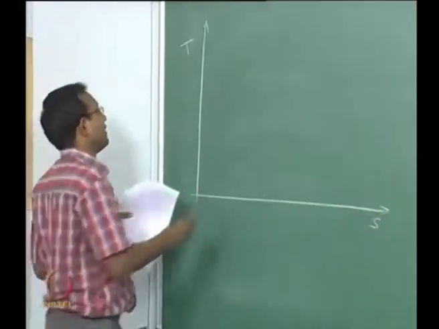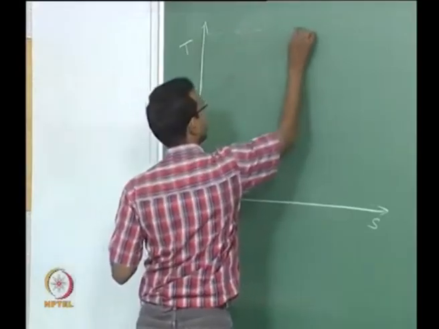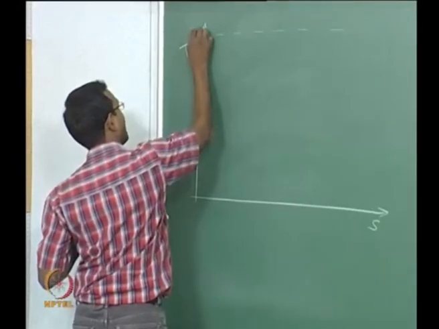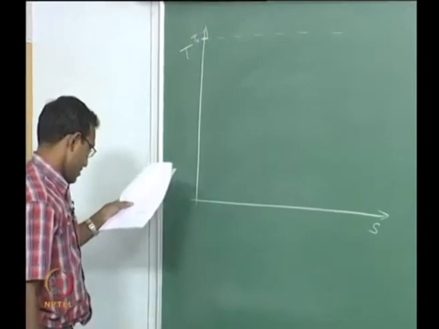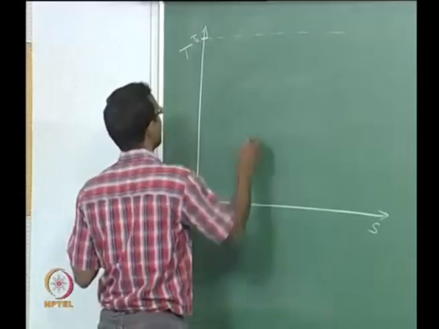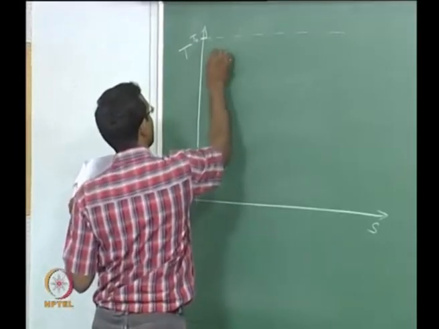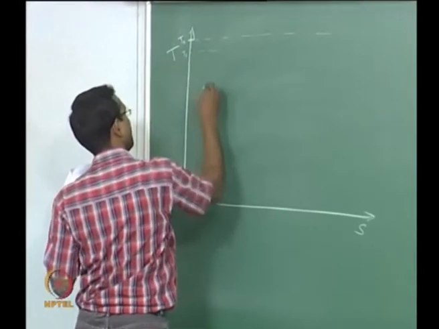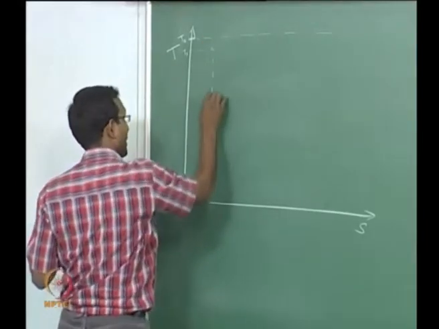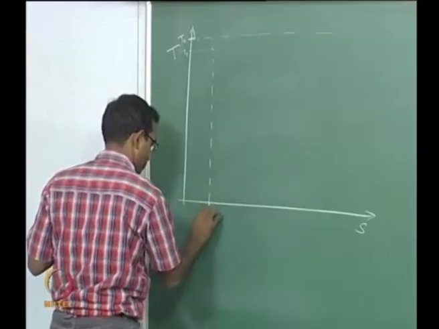We know the whole flow has a constant stagnation temperature, that is my T naught here, and let us say I start subsonic, let us say this is my T1, and I am going to say it is having this particular entropy when it begins, S1.